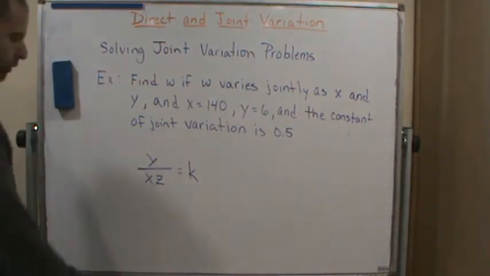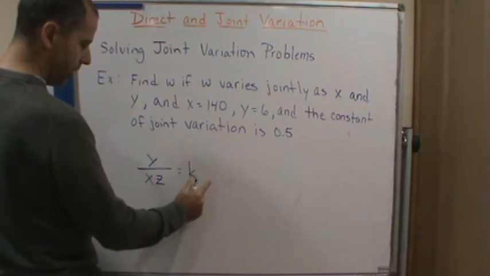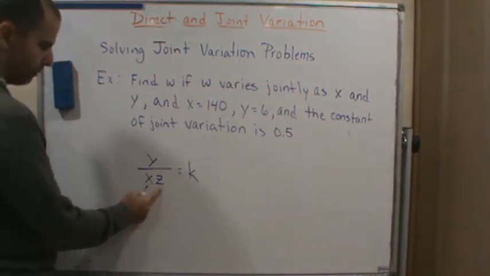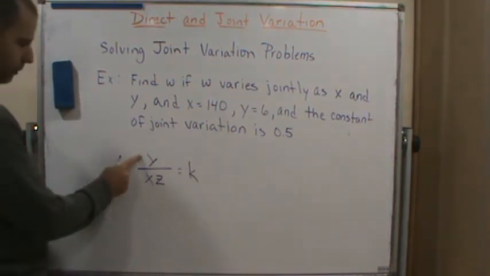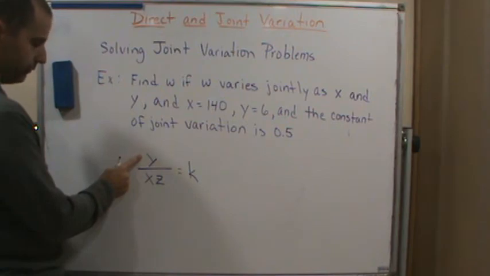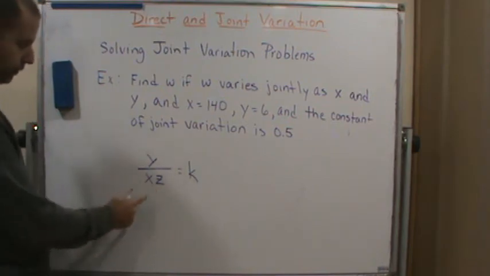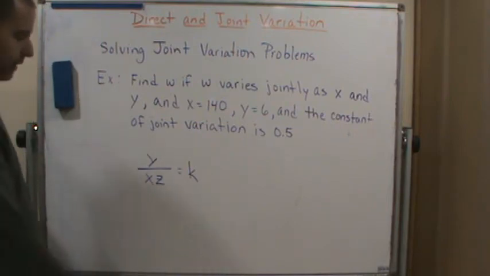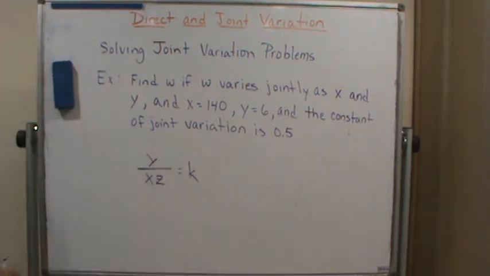And we will call this constant the constant of joint variation. So all you're going to do is you're going to have multiple things on the denominator here. That's it. So if you have one variable that is jointly proportional to two or more other variables, then you're just going to put those variables on the bottom, and then that ratio has to be constant. Okay, that's it. That's the only difference.